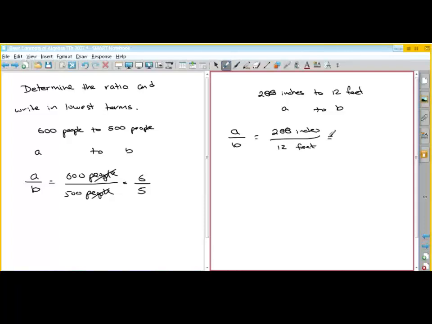Now, in this case, because this is a conversion factor, if you converted 12 feet to inches, you get 288 inches and you'd get 1. So when you have a result that's just 1 with units rather than a non-1 without units, it's kind of like a conversion factor.